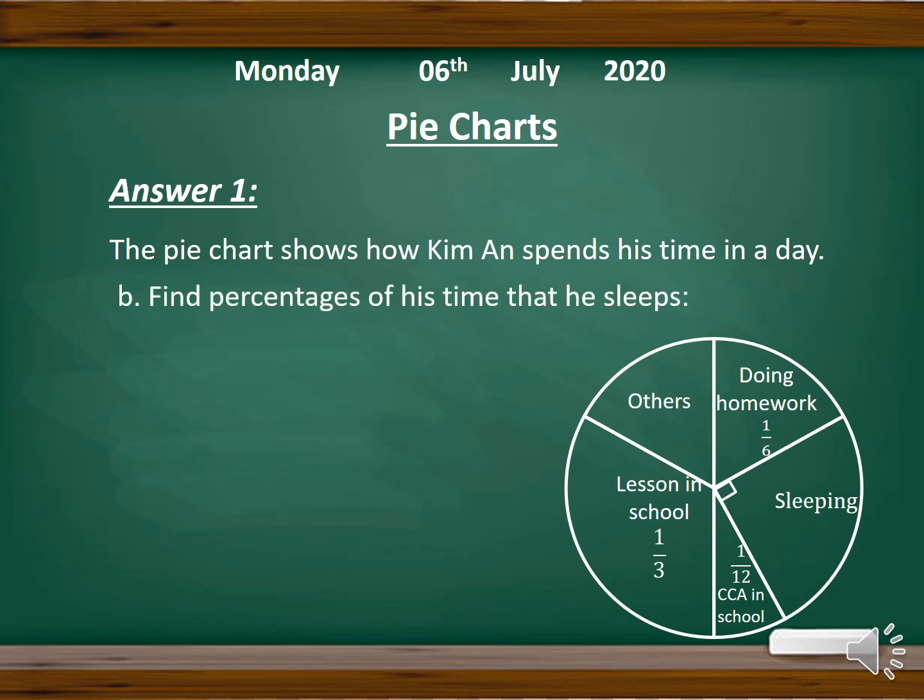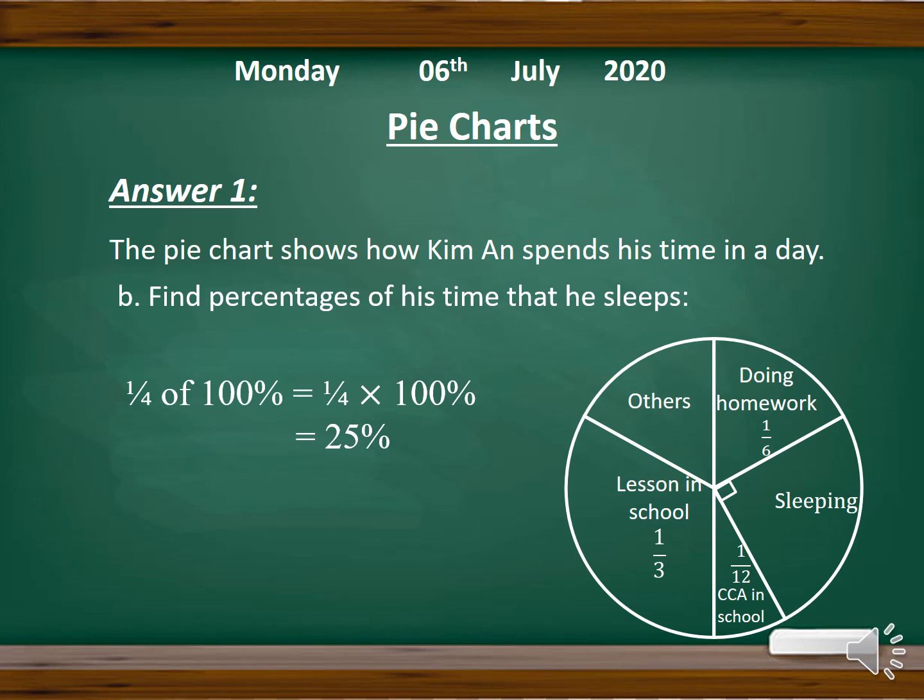Look at finding letter B. Find the percentage of his time that he sleeps. We can take 1 out of 4 of 100%, which is equal to 1 out of 4 multiplied by 100%, because for sleeping, you see in the pie chart there is the right angle symbol, and the right angle symbol here we can say is the fraction 1 out of 4.